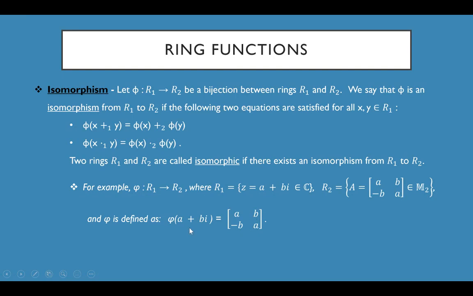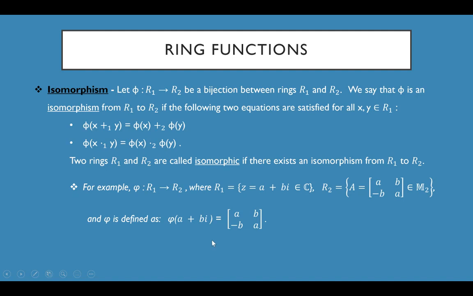simply reverse that process. If we wanted to add a couple of elements from ring 1, we would use complex number addition, and then we could apply the phi function and create this matrix.